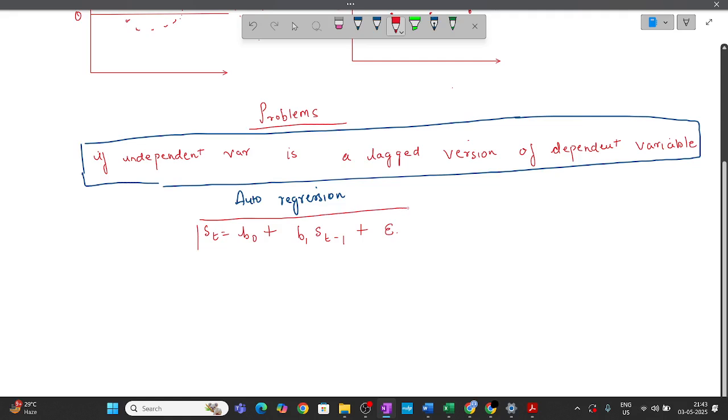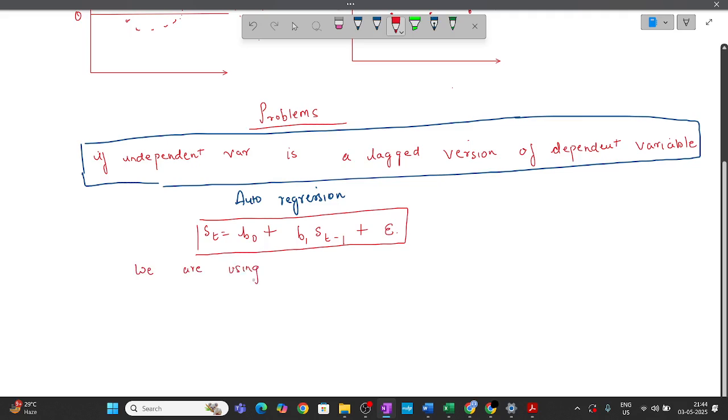Look at this model. Again, this is a simple linear regression model where we are trying to predict today's sales using sales. We are using yesterday's sales to predict today's sales.